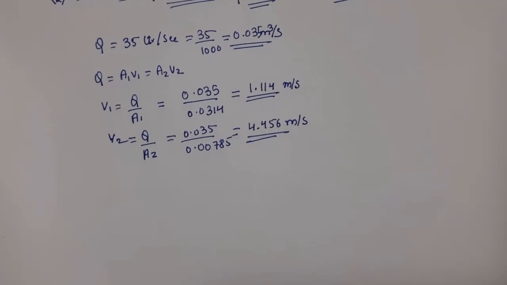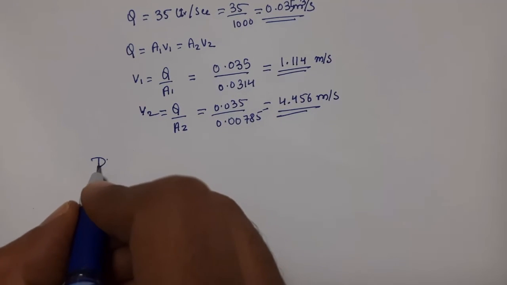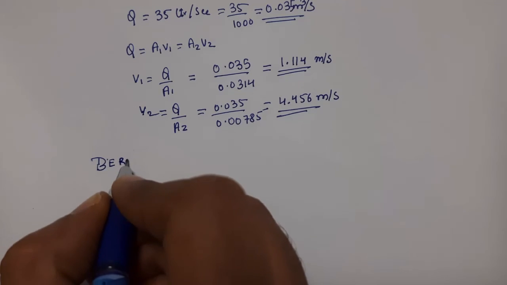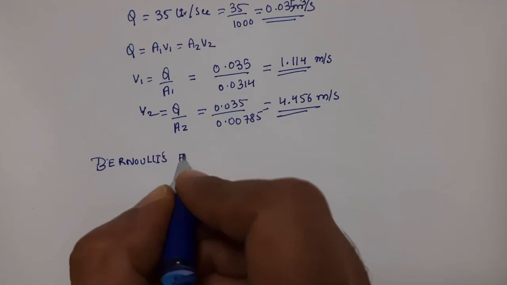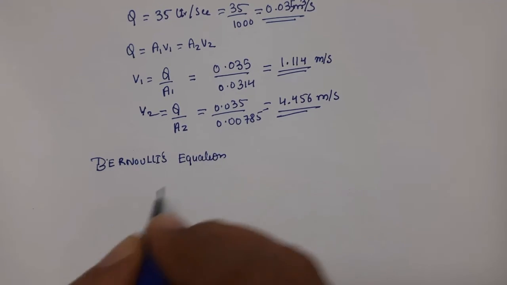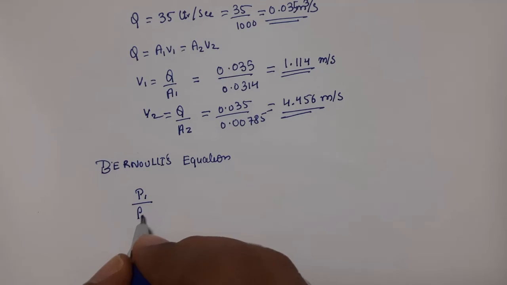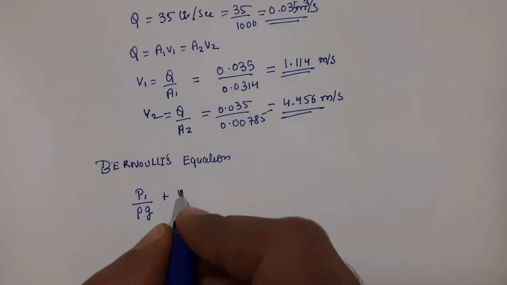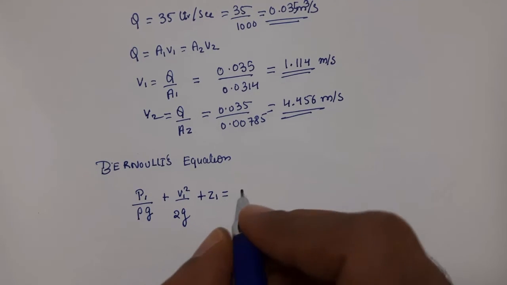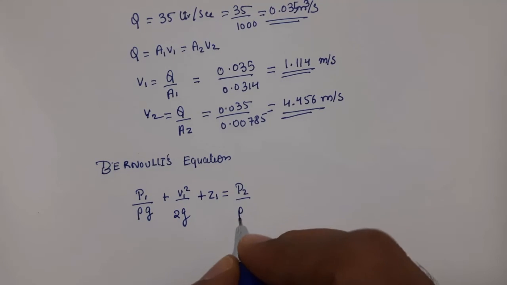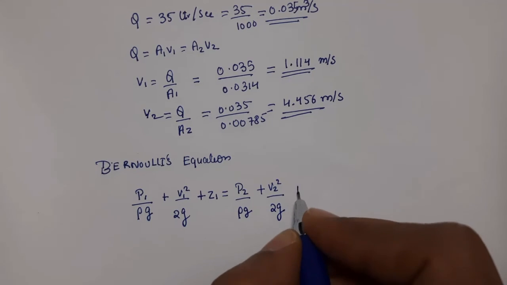So we can write down this equation as P1 by rho g plus V1 square by 2g plus Z1, that is equal to P2 by rho g plus V2 square by 2g plus Z2.